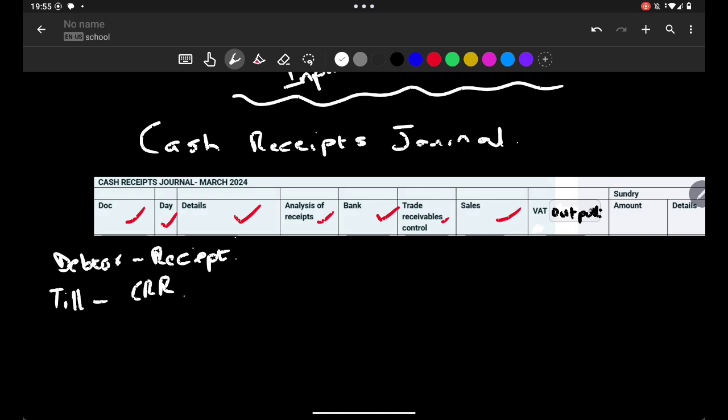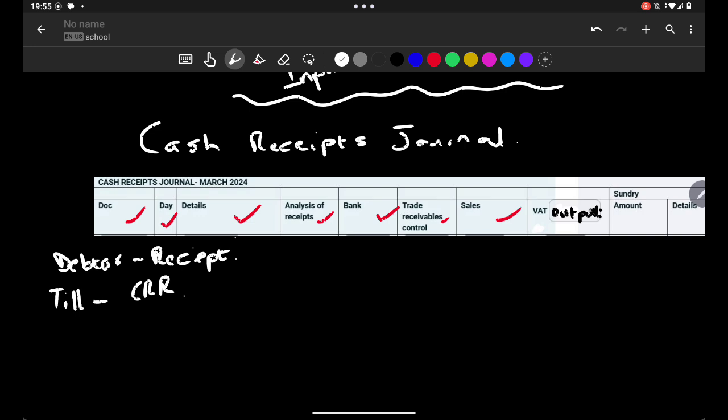I think we've all been in that situation where you're at the till, you want to buy, and then the roll finishes, then they have to replace it. That roll, in accounting, we consider that the cash register roll, which is what we look at when we're recording transactions that come from the till, right?